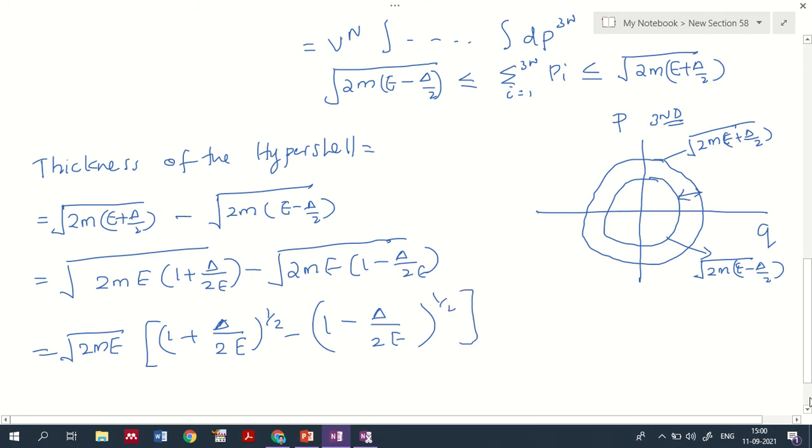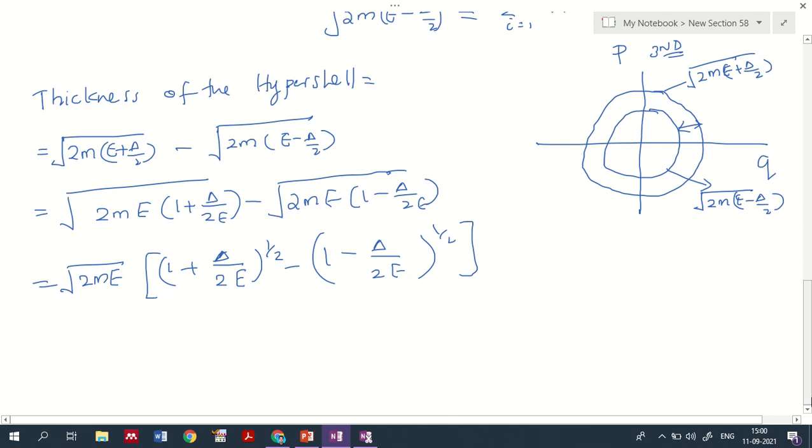And further if you proceed, when you expand the (1 plus delta by 2E) term, we'll have 2 root 2mE into (1 plus delta by 4E). I am just taking only a few terms corresponding to that, so (1 plus delta by 4E) will be there when you expand (1 plus delta by 2E) raised to 1 by 2.